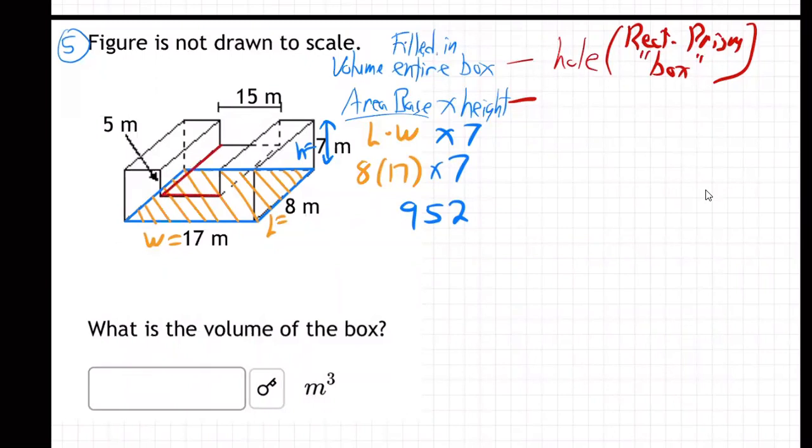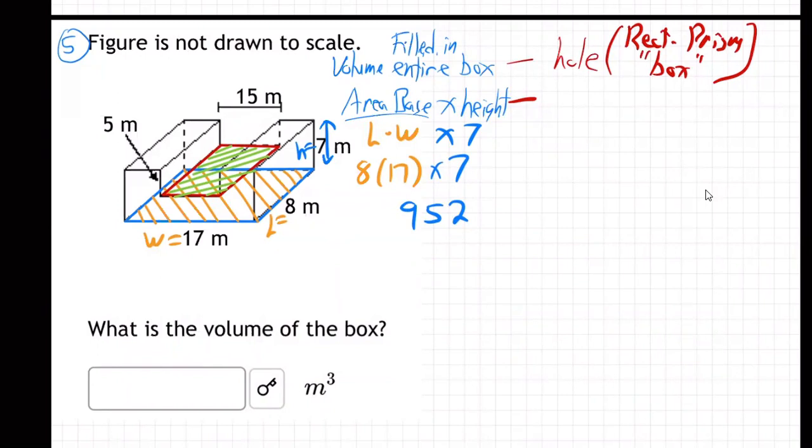There, to there, to there, to there. That's the base of that thing, isn't it? Let me try to fill it in for clarity. Okay, so there is the base of the hole.